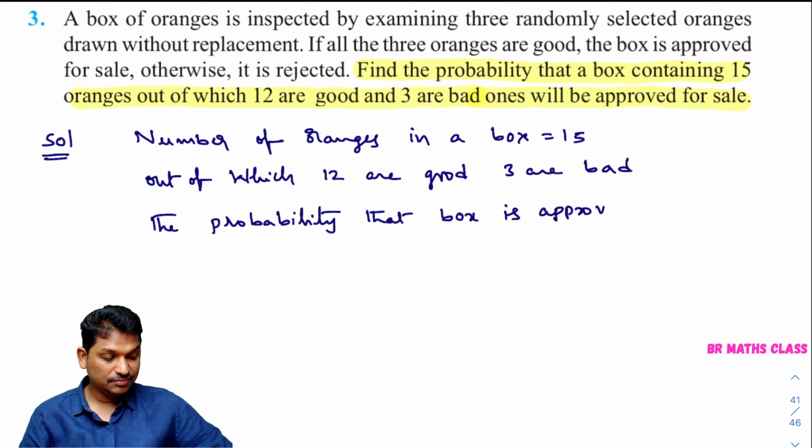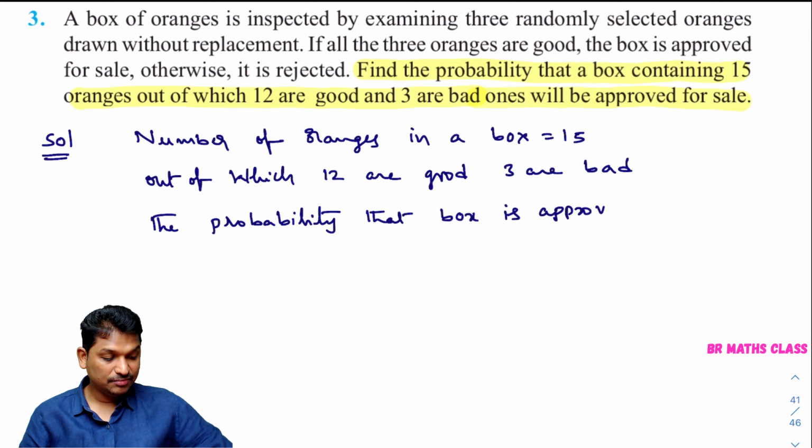Now please observe what they are saying. A be the event that head appears on the coin. I'll write event A. Can you write what A is?